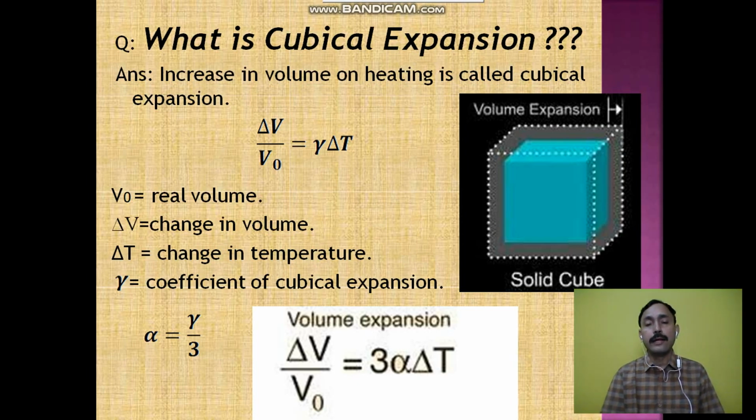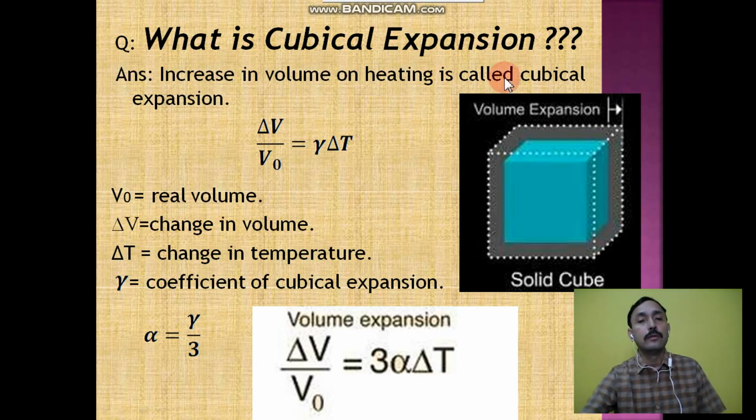Now, again there is a relation between linear expansion and the coefficient of cubical expansion. That means there is a relation between alpha and gamma, and the relation is alpha is equal to gamma by 3. So gamma becomes 3 alpha.